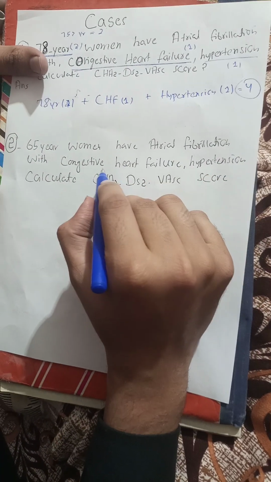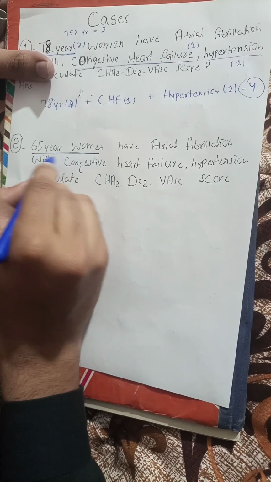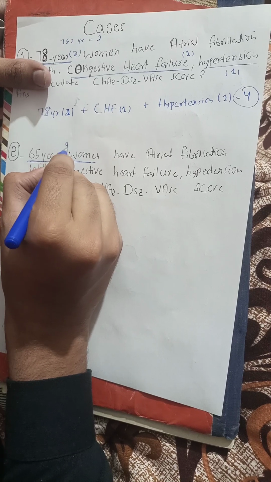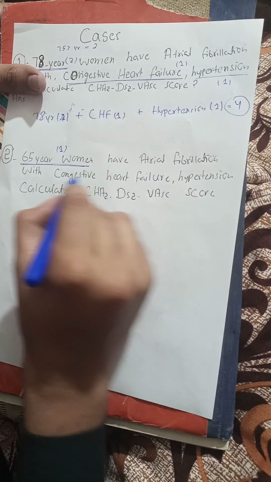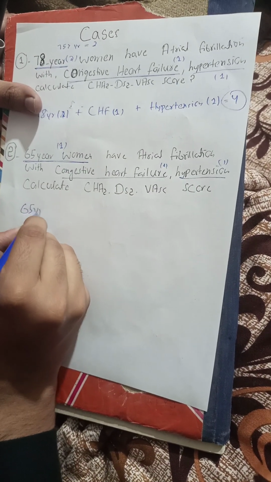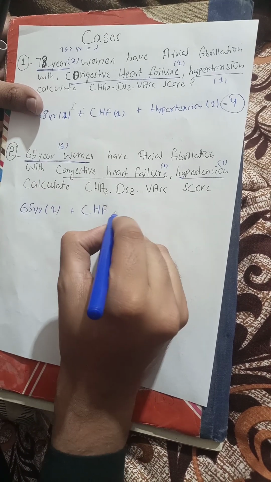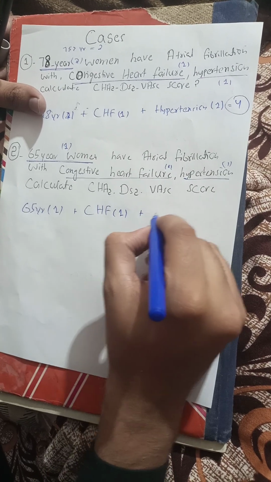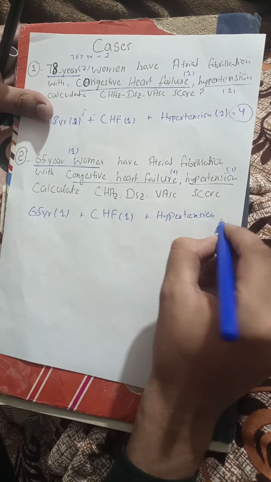Now let's see a 65-year-old woman with atrial fibrillation, congestive heart failure and hypertension. Calculate the CHADS-DS2-VASc score. For a 65-year-old woman, the score is 1, because between 65 and 74 years the score is 1. Congestive heart failure score is 1, and hypertension score is 1.